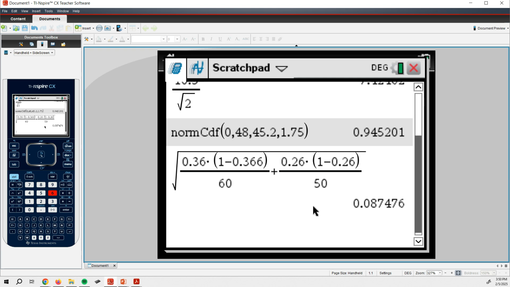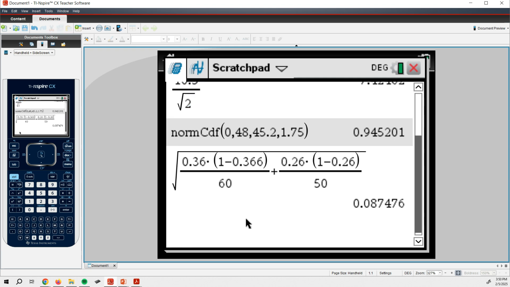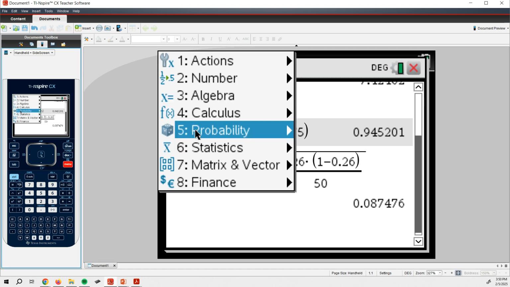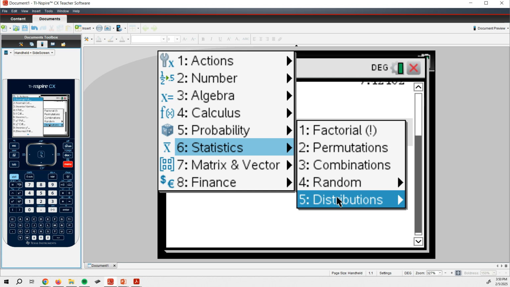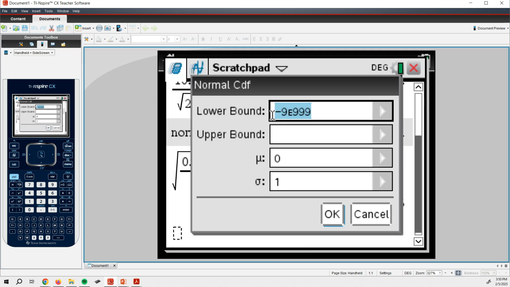Where'd it go? Why did that not actually do anything? That's lovely. All right, let's try that again. Menu. Now let's go probability this time. Doesn't matter. It's under distributions. Norm CDF. Lower bound is 0.15. Upper bound is 1. And we are talking about 0.10 and 0.08746, I think.